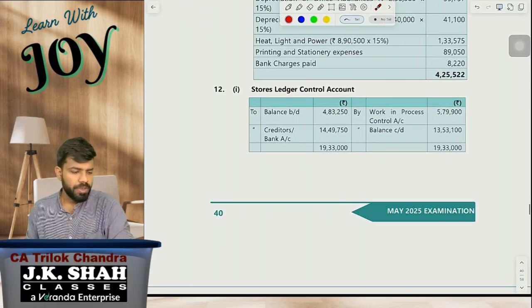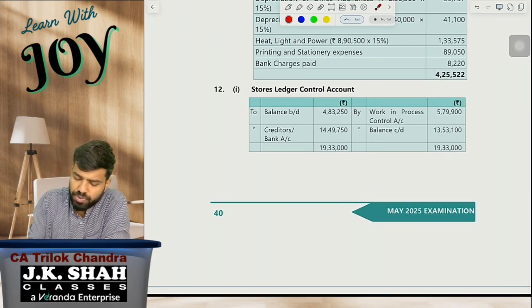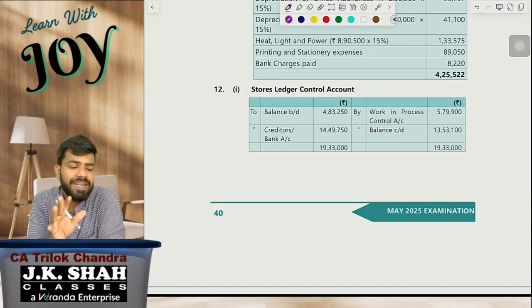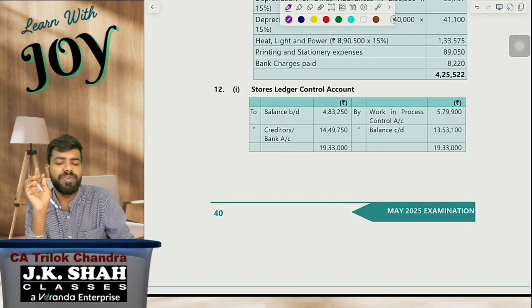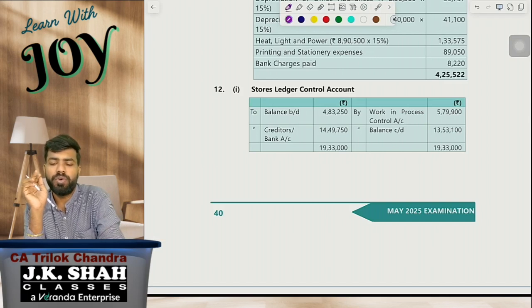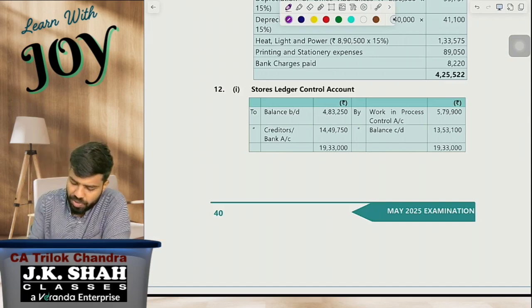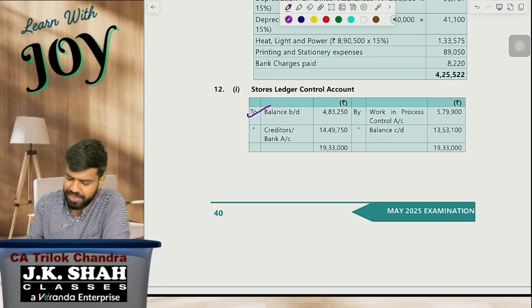See, generally how to solve this: first, we'll write the opening balances. What is the first opening balance given? Stores ledger control account 4,83,250. Generally, stores ledger, work in progress and finished goods will have debit balances. So I'm going to open these three ledgers. Stores ledger control account opening balance 4,83,250.